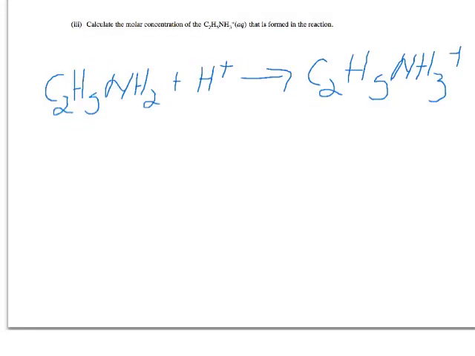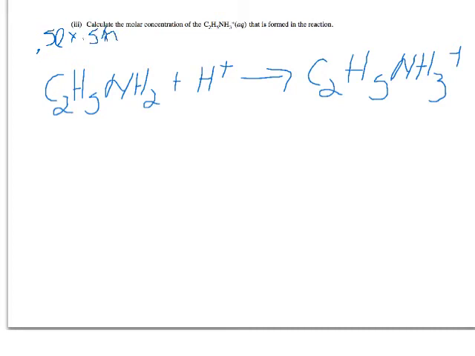Okay, for this section you have to calculate, first of all, how many moles of the C2H5NH2 and the strong acid you have. So you're told that you have a volume of 0.5 liters, and you're also told that the concentration is 0.5 molar.